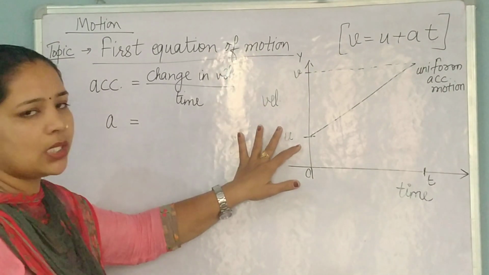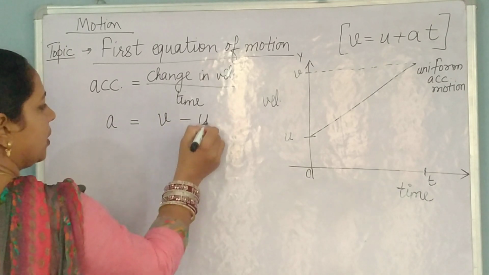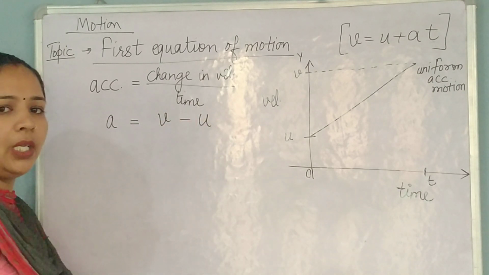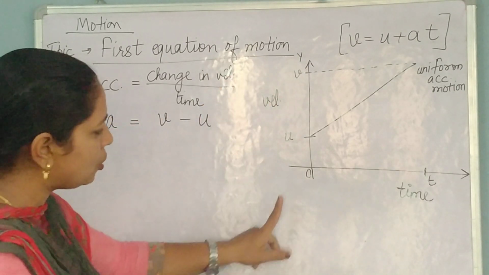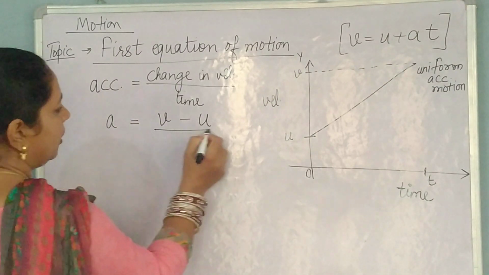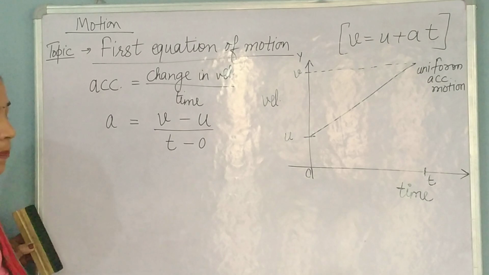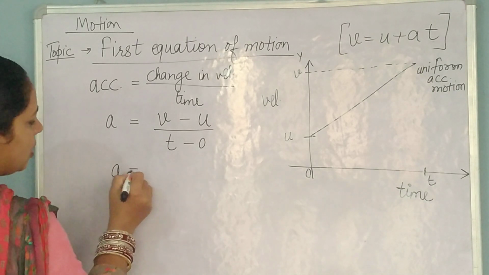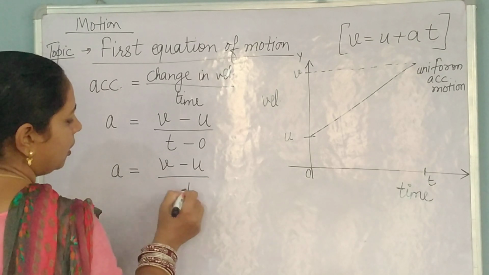Final minus initial. So we will write here final velocity minus initial velocity. And कितना टाइम लगा इस velocity को change होने में? 0 to t. So we will write here the time interval also, that is t minus 0. This equation can be rewritten as v minus u by t.